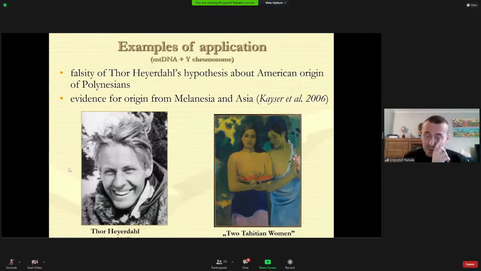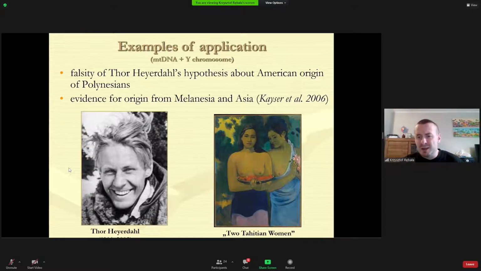Another example of application is the genetic study concerning the origin of Polynesians. There was a Norwegian anthropologist, Thor Heyerdahl, who claimed that Polynesians have American origin.